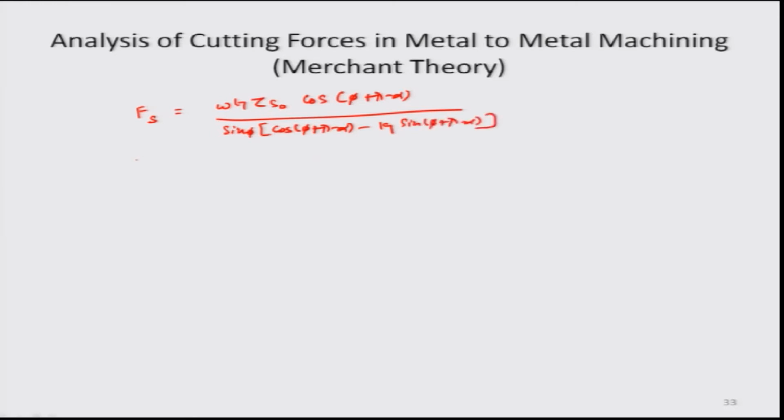So, from an earlier relationship which we had obtained between cutting force and shear force in the Merchant's first theory, we assumed Fc equal to Fs cos of (lambda minus alpha) divided by cos of (phi plus lambda minus alpha). If I just substitute the value of Fs into this equation, we find out the relationship between Fc and all the material and geometric parameters, which was the way that we did it in case of Merchant's first theory.